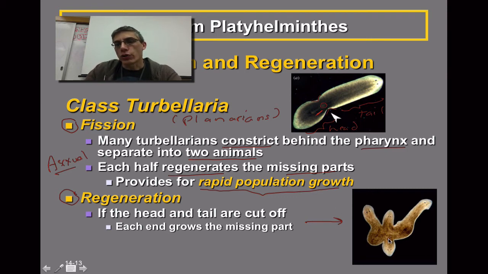We started off with one planarian in this case, and a scientist had made very strategic cuts on this animal, and the result was a flatworm that has 1, 2, 3, 4 heads in one worm. So basically regeneration is pretty prevalent in the turbellarians. So each end is going to be able to regrow any missing part. And again, this is something you guys will look at in lab.